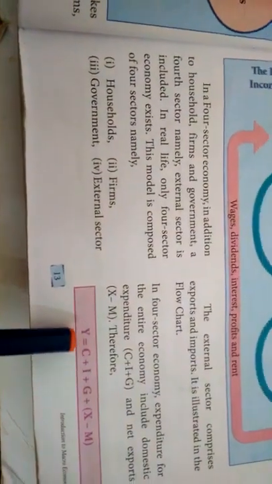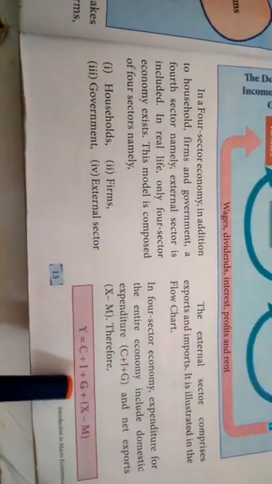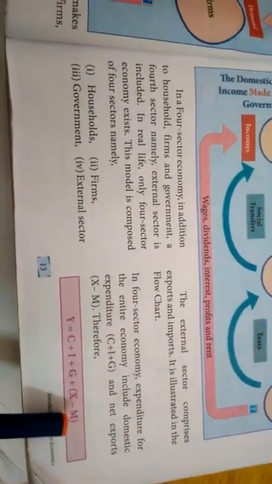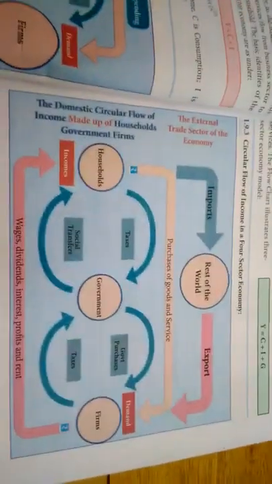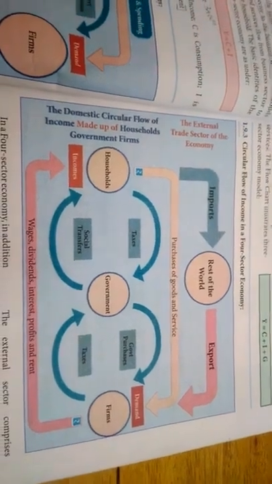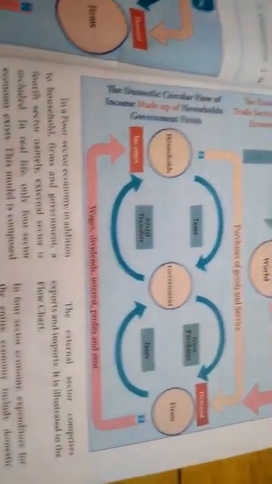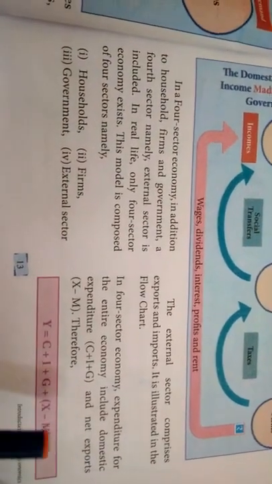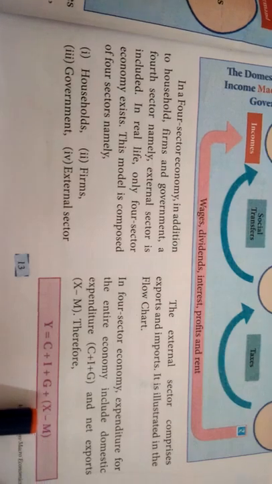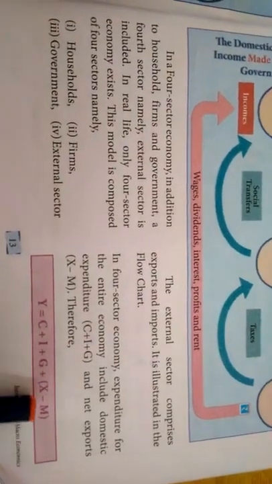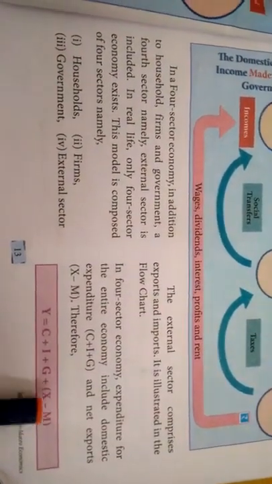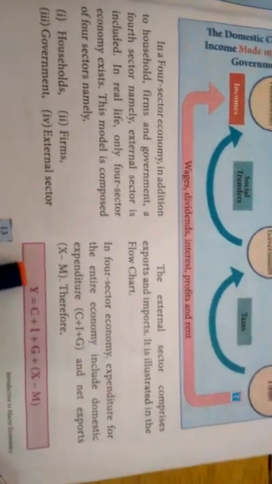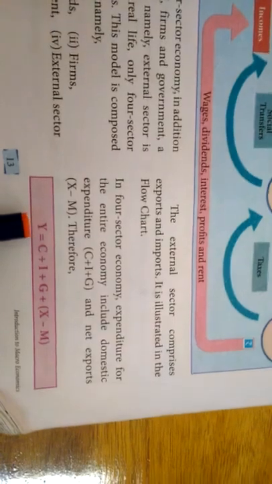The income is equal to consumption plus investment plus government expenditure plus export minus import. In this four sector economy, we have to keep one thing in mind: we must deduct the value of import. After deducting the value of import, the net amount is what will be added into the income.